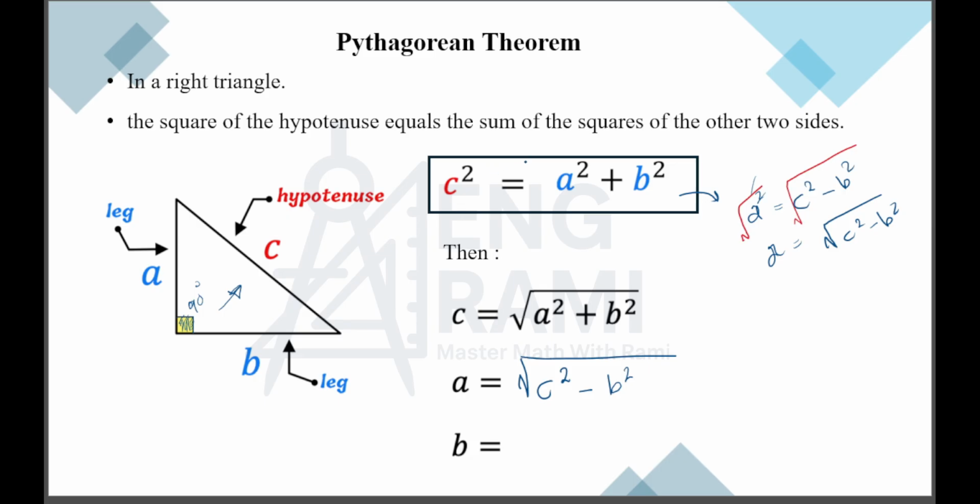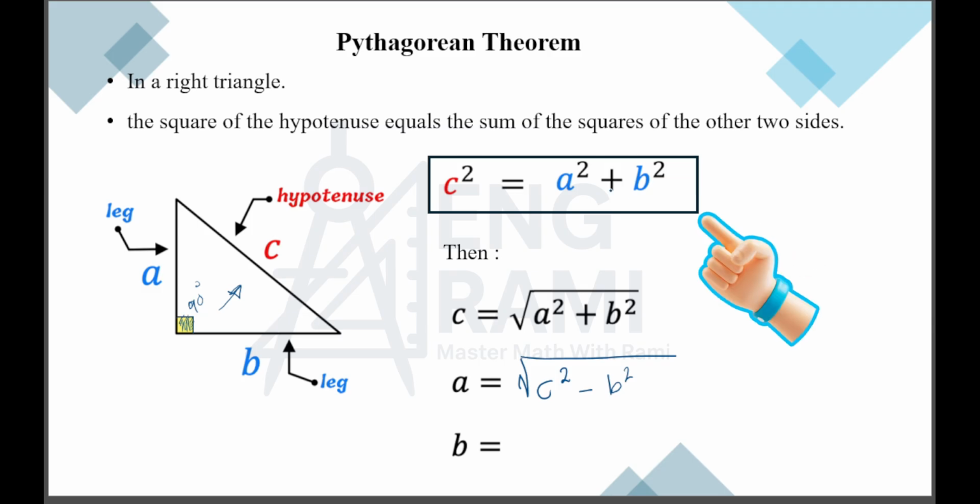What about the other case? I mean, if you know the hypotenuse and side A and you want to find side B, we want to find B squared, which equals C squared minus A squared.